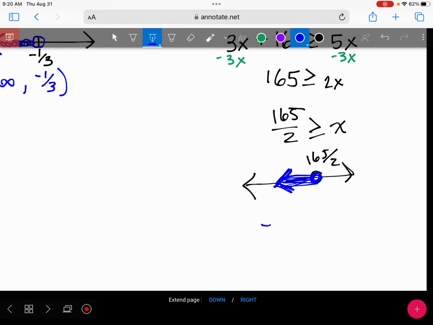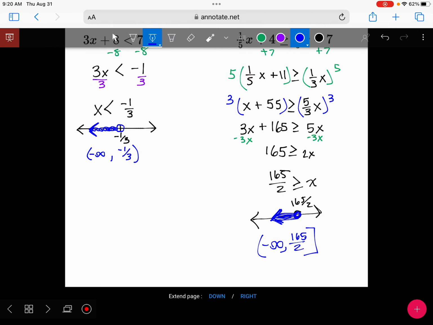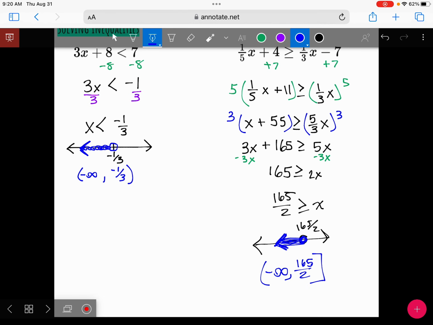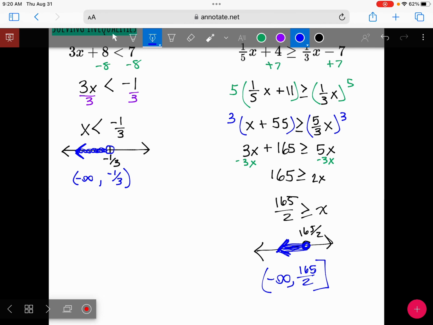So our smallest is going to be negative infinity, and our biggest is 165 over 2 with a bracket because it can equal. Okay, questions on those two?